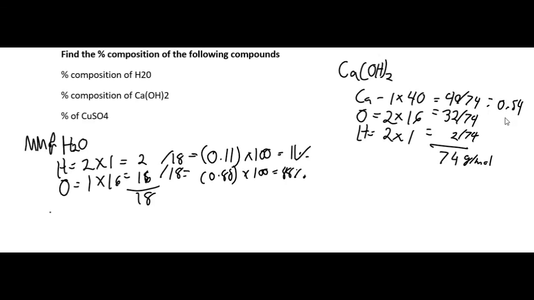32 divided by 74, we have 0.43, and then finally 2 divided by 74, we have 0.02.